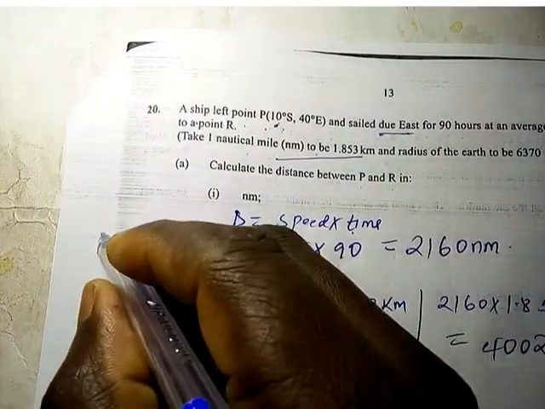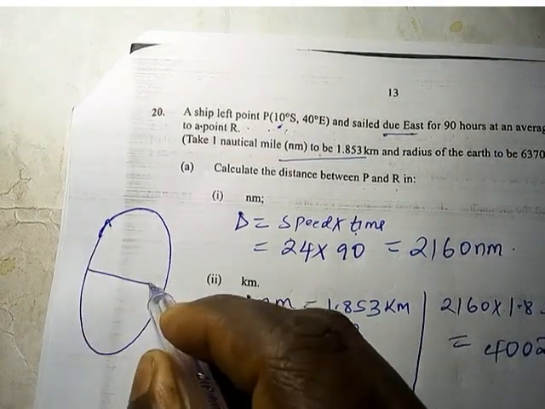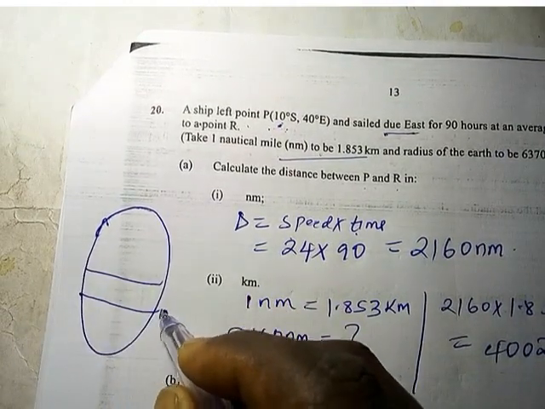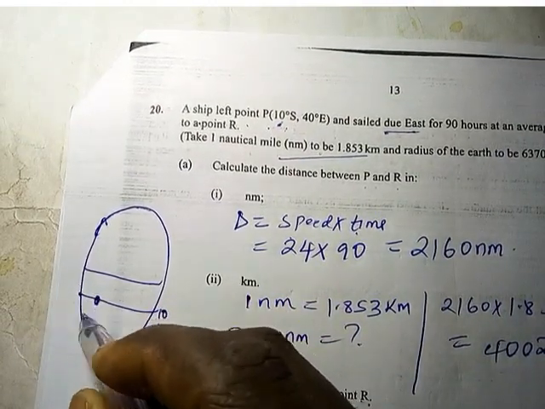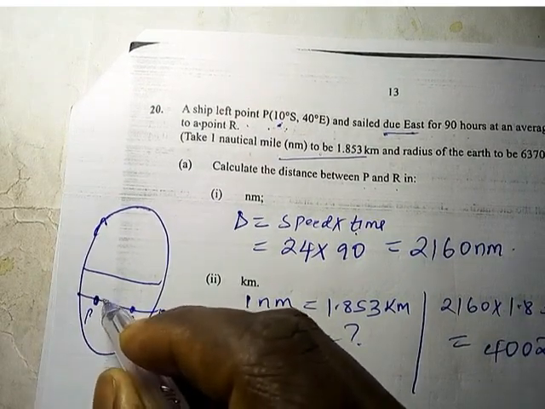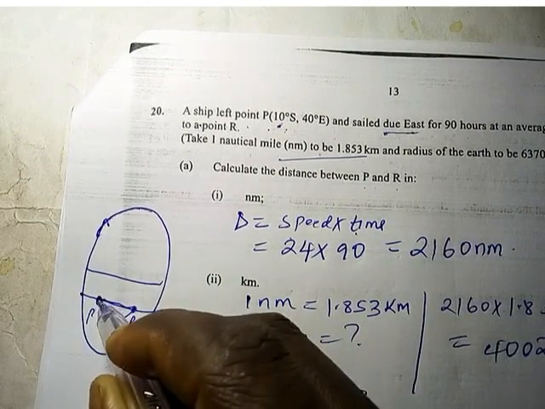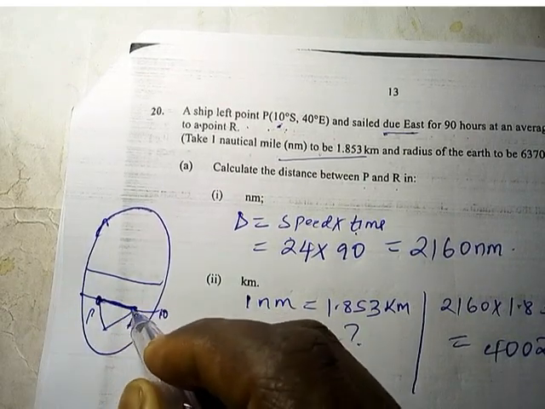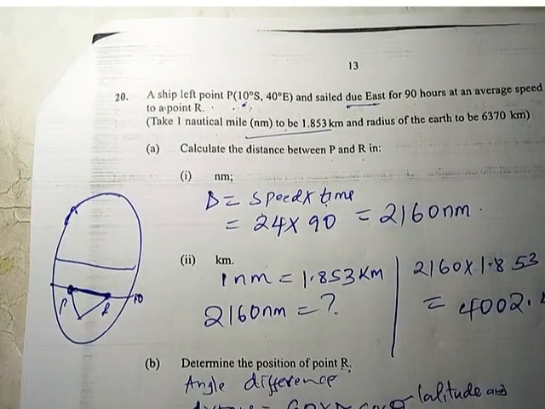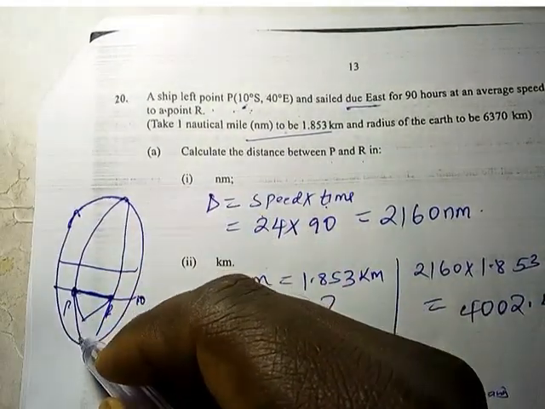If this is the equator, then this 10 is here. So this point P is here and R is here. What they are sharing is this 10. It's moving from here to here, so they are on the same latitude. What is changing is the longitude.